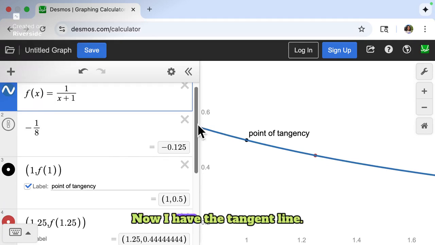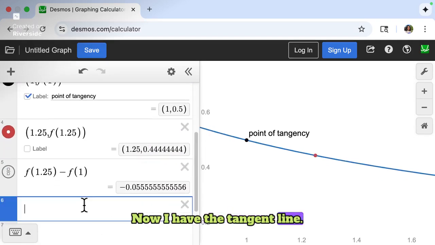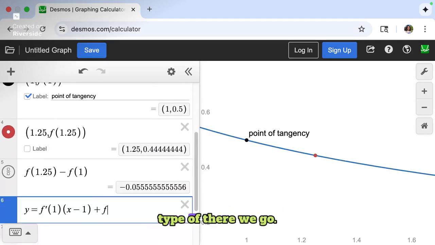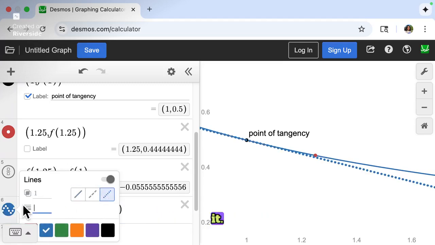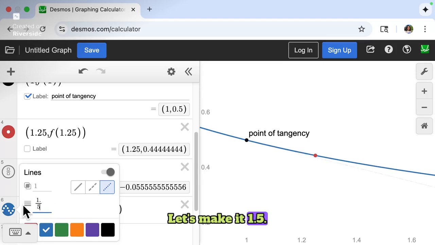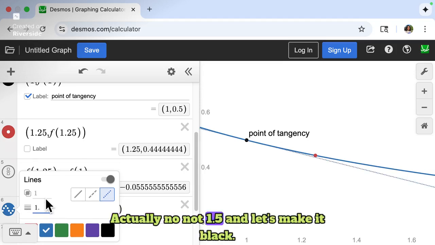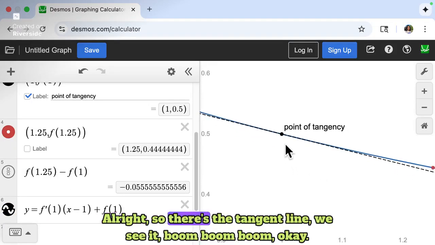Now, I have the tangent line. Here's the tangent line. There we go. Let's change the color and make it black dashed. All right, so there's the tangent line.